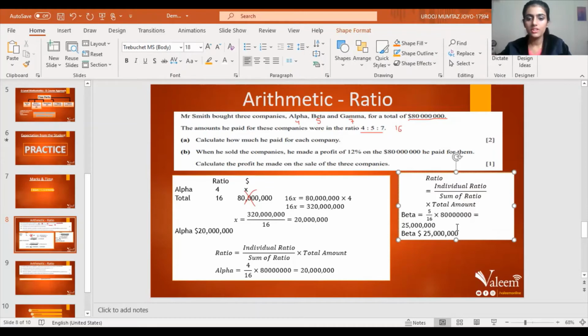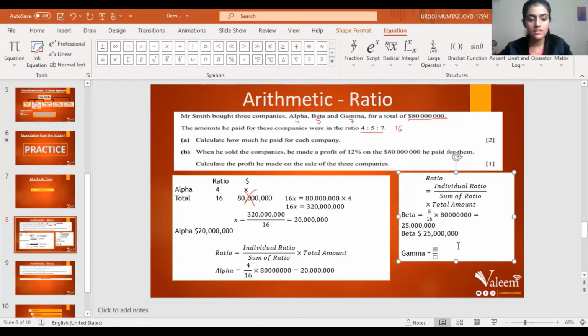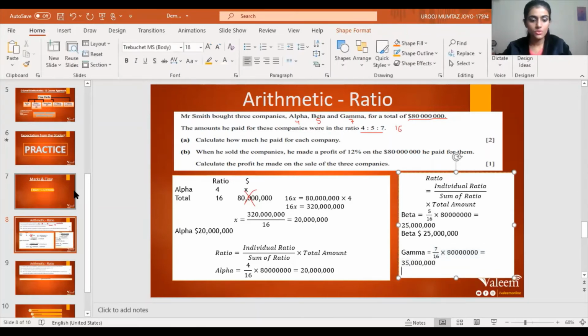Same goes for gamma. Gamma is 7 upon 16 multiplied by 80 million. The answer you will get is 35 million. So gamma costs $35 million.